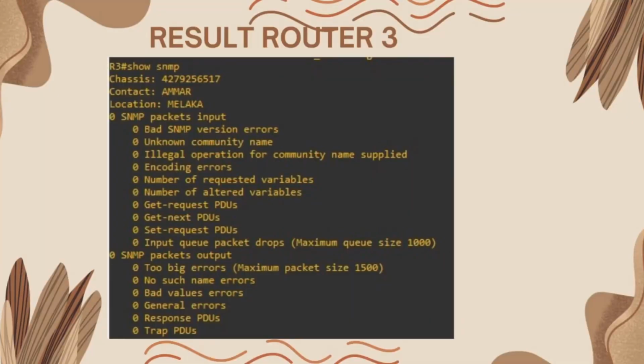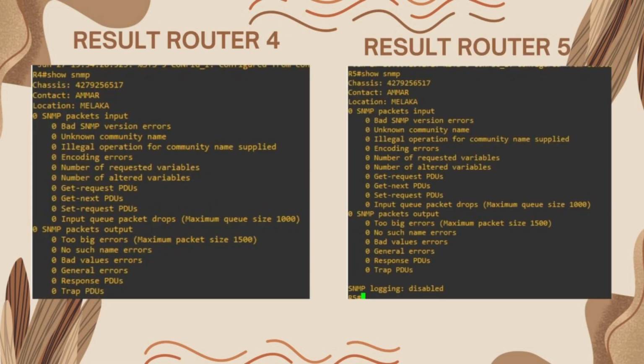Okay, next we move to the result for router 3. To see all the results for router 3, we use show SNMP, and we can see the chassis number of the router, contact, and the location of the router. Next, we move to router 4.